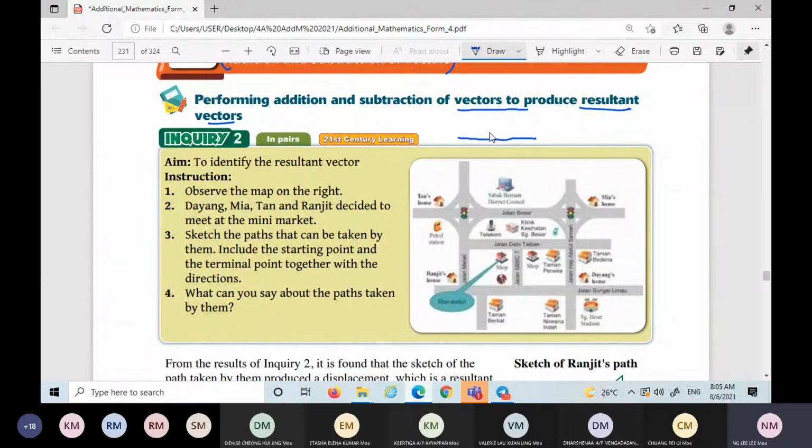Example, you want to swim across a river. You want to swim from here across the river, go to the other side.